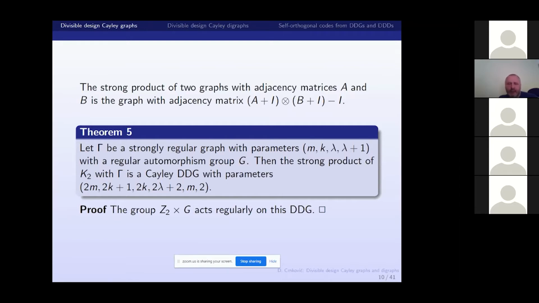And again, for the proof, it's obvious that we have a regular group acting on this design. So again, by the Sabidussi theorem, we know that this is a Cayley graph.